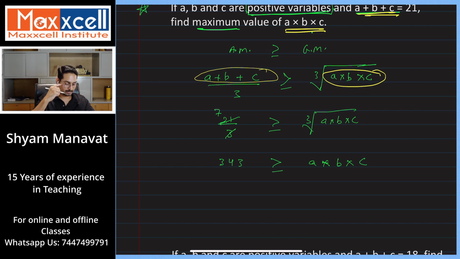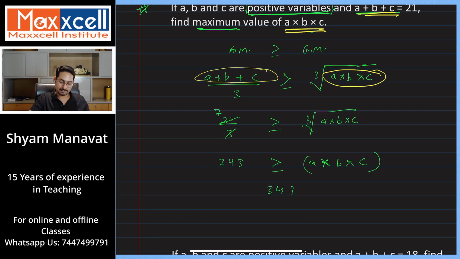अब आप लोग एक चीज बताओ मुझे, इसका मतलब क्या हुआ? Product will always be less than 343 or equal to 343. So या तो ये 343 होगा or it will be lesser than 343.